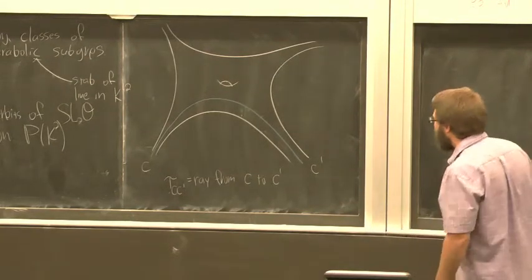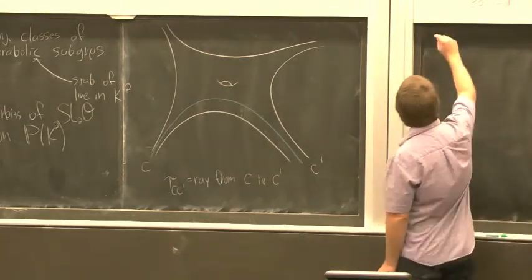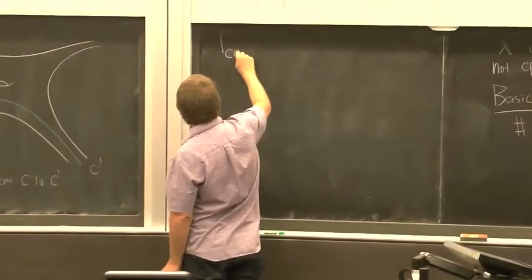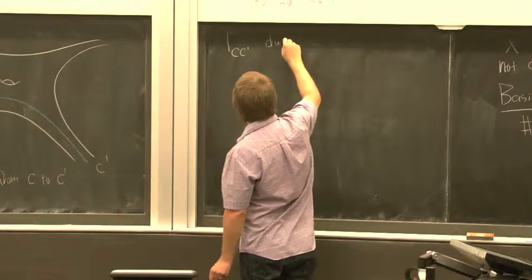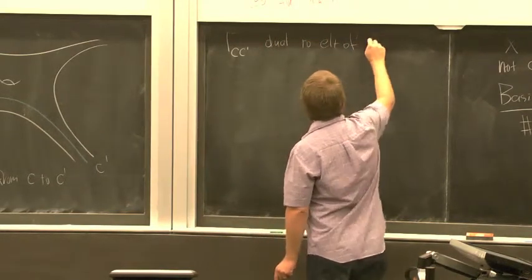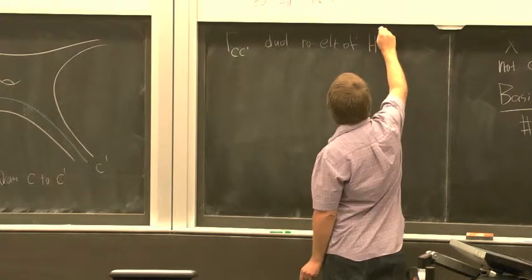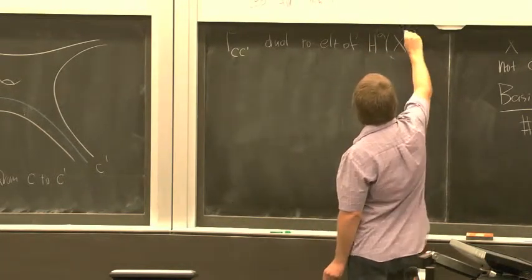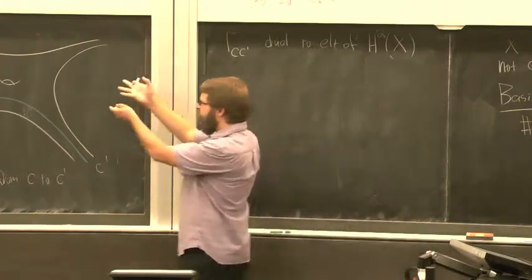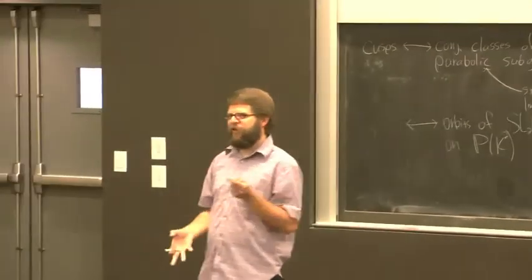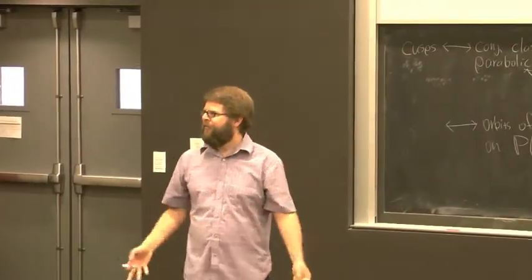Either way, tau of C prime is dual to an element of H2 of X. You just take some surface inside this 3-manifold and count the algebraic intersection number between that surface and this ray.